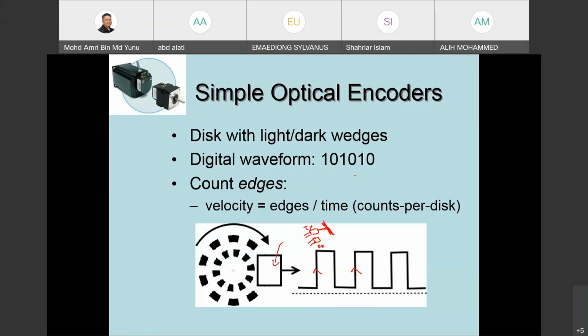Basically, it will produce an output pulse, and the frequency of the pulses, how many per period, can be used to determine the velocity of the turning shaft.